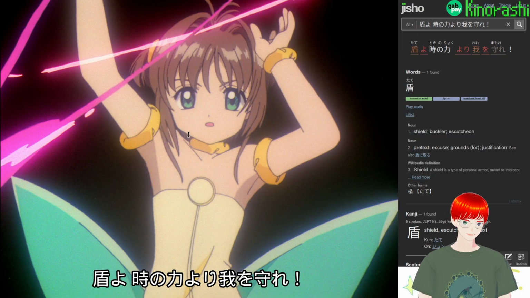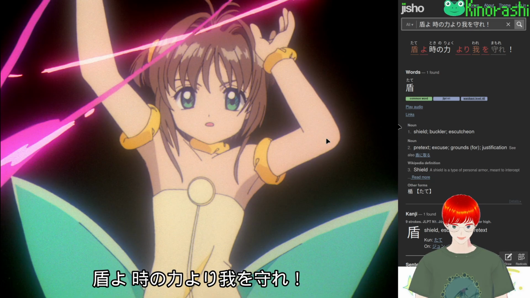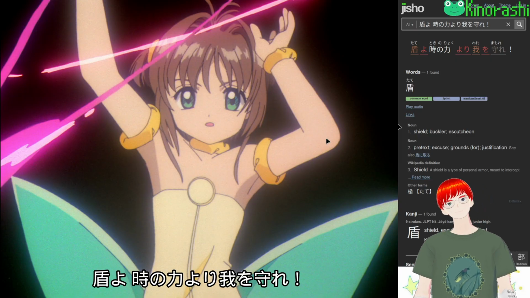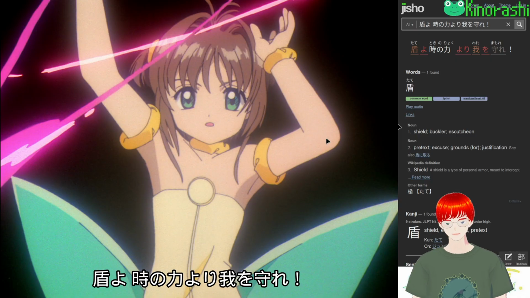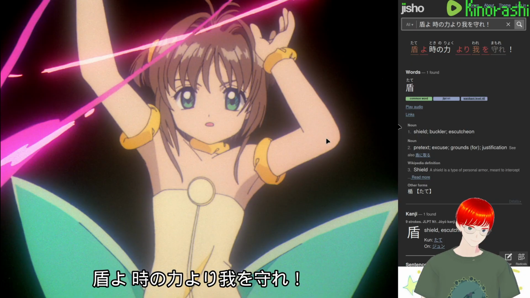Accepting the context that the purpose of the shield is to prevent someone from being frozen in time, the grammar takes on a specific protective nuance. Yori functions as a marker of source or cause, similar to from or against. Though it retains the comparative root, protect me more than time's power does or can, implying the shield's power is greater than time's power. So protect me from the power of time.